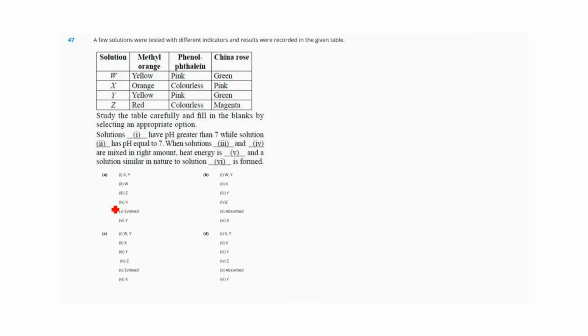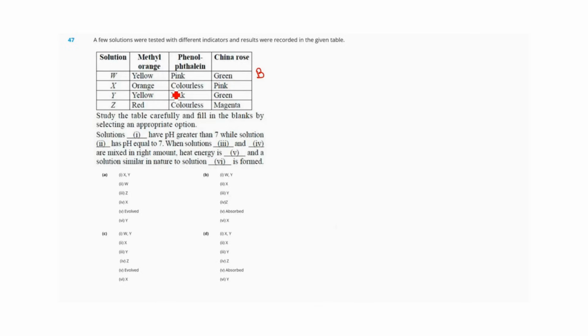A pH greater than 7 is generally a basic solution, right? W is methyl orange yellow, phenolphthalein pink, and China rose green. So this is a basic solution.